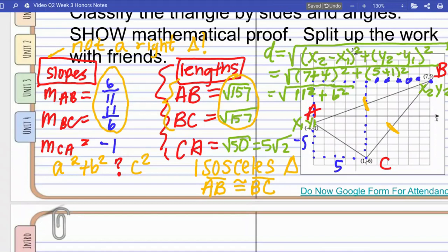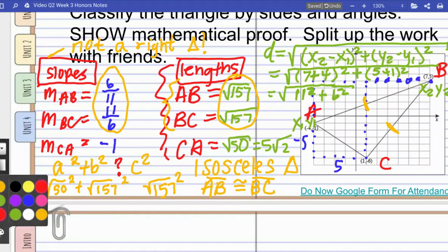So the square root of 50, or 5 square roots of 2, is the smallest side, so that has to be my a. So we're going to write the square root of 50 squared, plus the square root of 157 squared. We don't know if that's going to be greater than, less than, or equal to c squared, which is also the square root of 157 squared. So we're going to put a question mark here still.